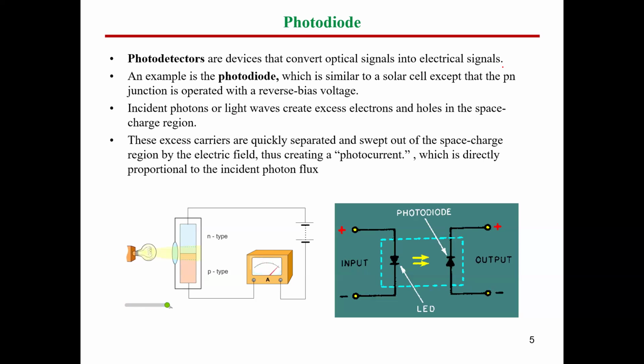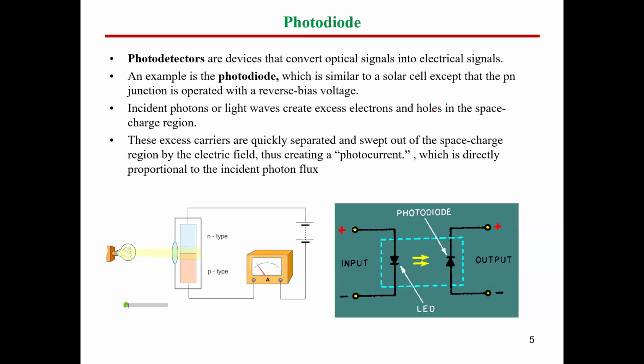It's not going to generate power. This is a different application or different technology. An example of the photodiode, guys, which is similar to solar cell, except that the PN junction is operated with reverse biased volts. So technically, it's going to work based on the reverse biased volt.